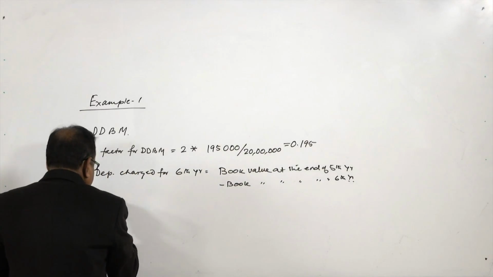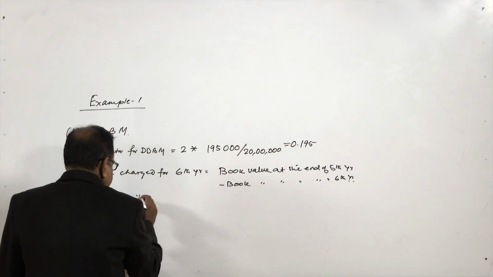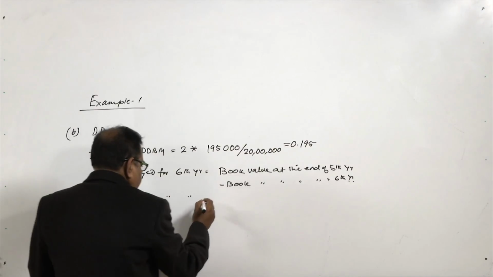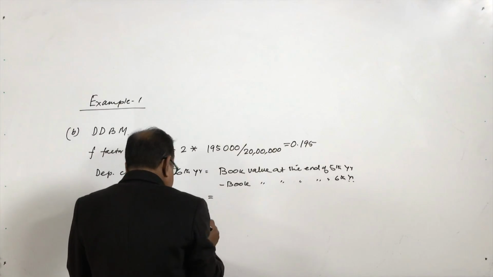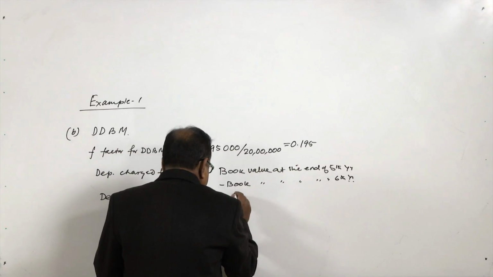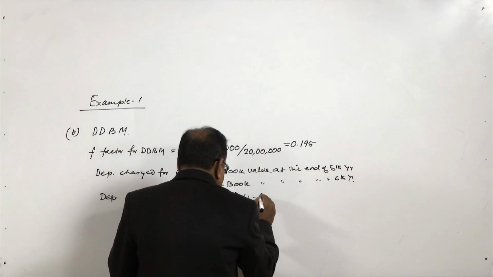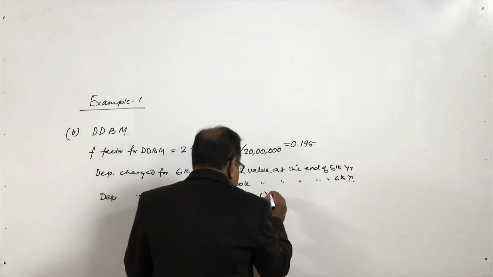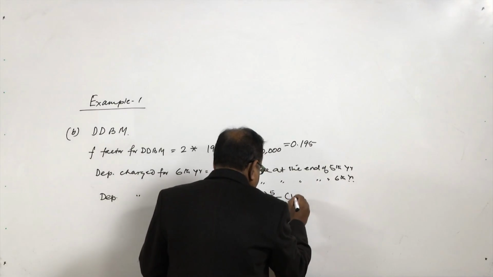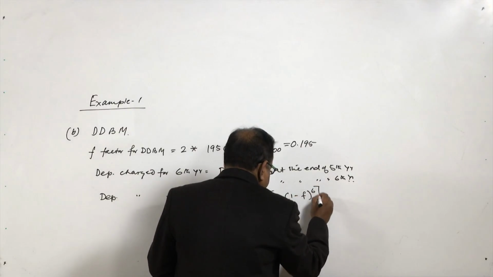So depreciation charged for 6th year is equal to V into (1 minus F)^5 minus (1 minus F)^6.